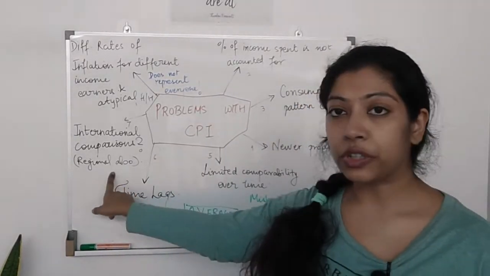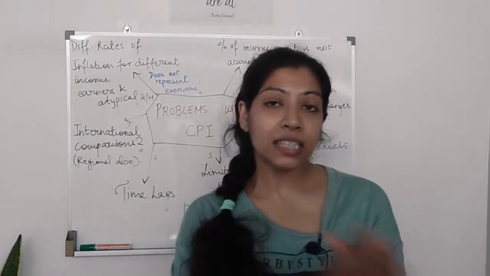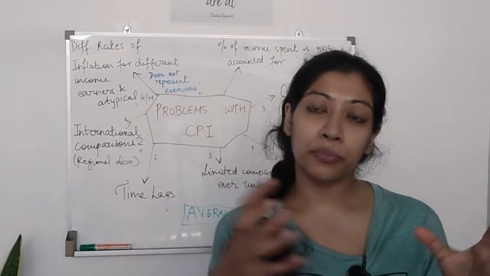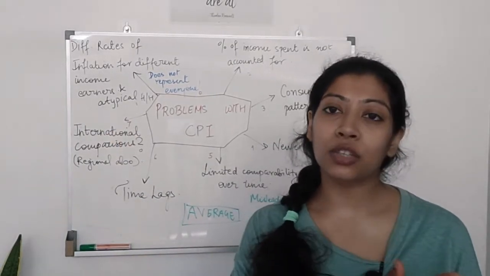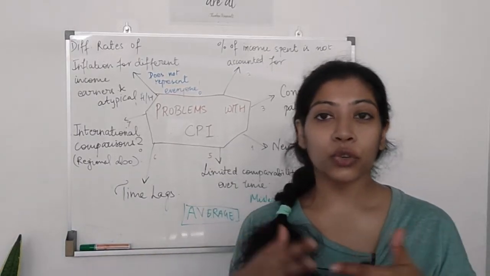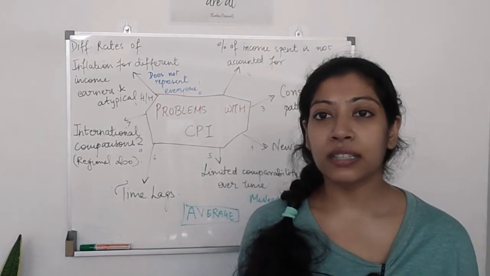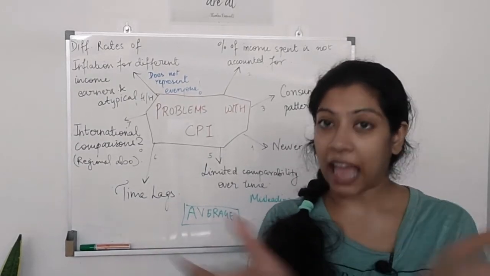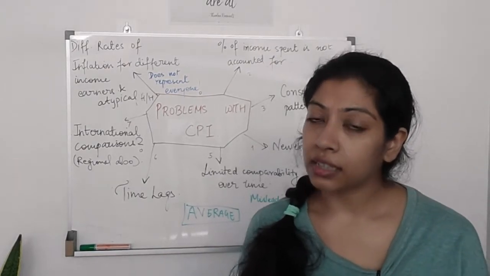It's also difficult to compare regionally or within a country because the city areas have different prices as compared to the rural areas, right? A business district will be very different from a rural district. So again, you are seeing this difference, and then you're just taking an average, and how representative is it really of that country?